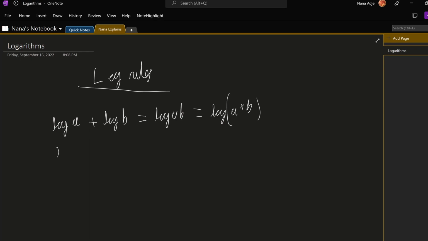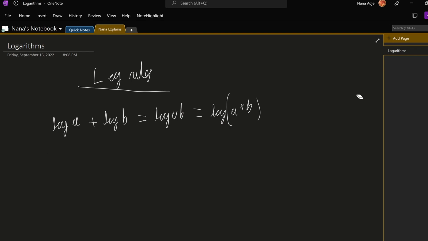So, for example, log 2A plus log 3B is not equal to log AB or whatever. Because one, it doesn't make sense because you don't know which base to use anyway, and anyway, it's not even equivalent. So make sure that these are the same base. If you're doing these for all the rules, they have to be the same base.